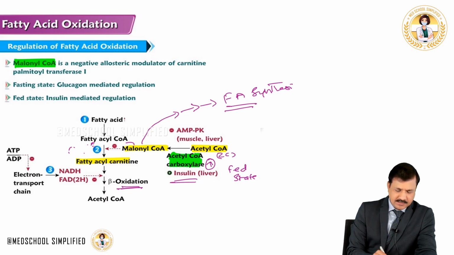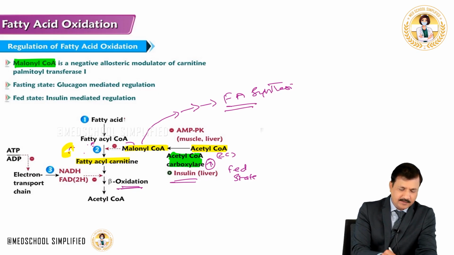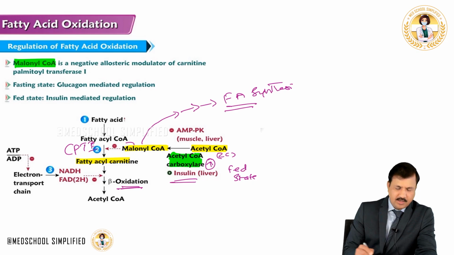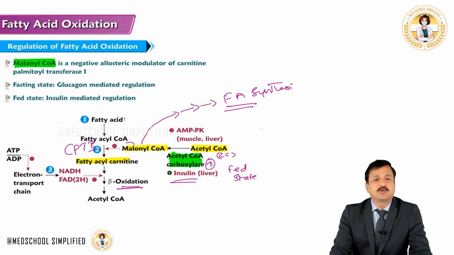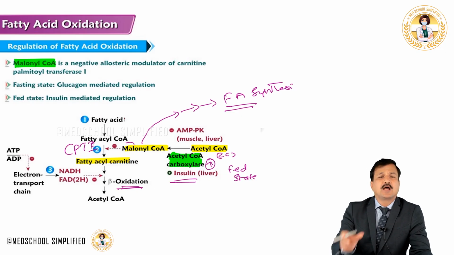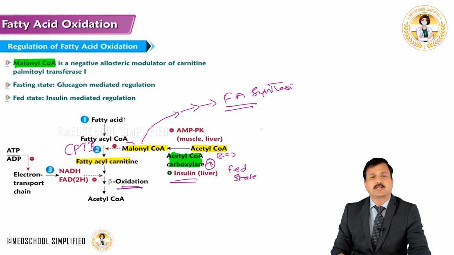The name of the enzyme is CPT1. Let me write it down. The CPT1 enzyme is involved in the esterification of fatty acyl-CoA with carnitine to make fatty acyl carnitine, and that is how the long chain fatty acid is transported inside the mitochondrial matrix.